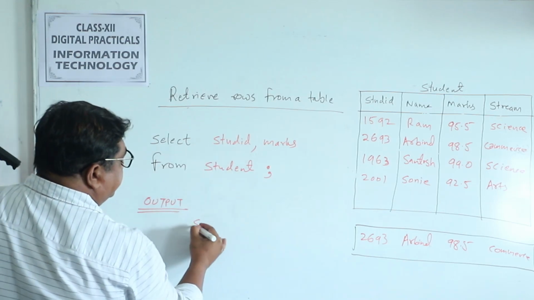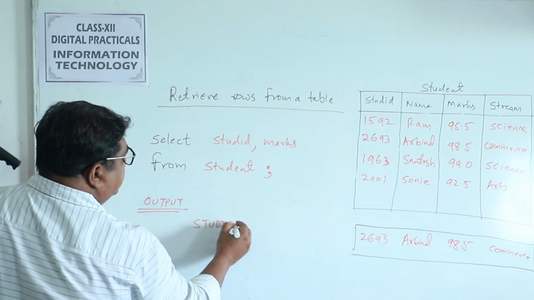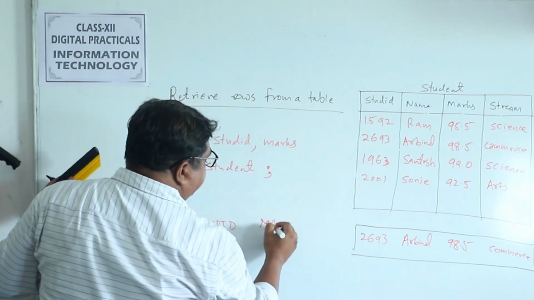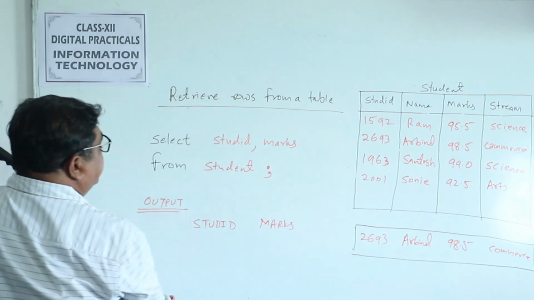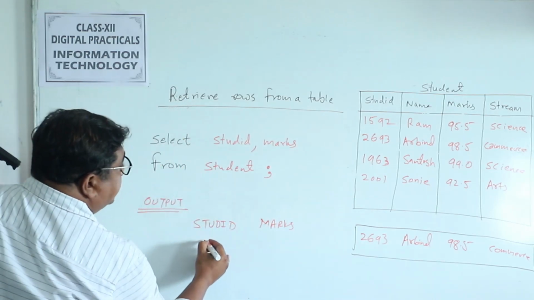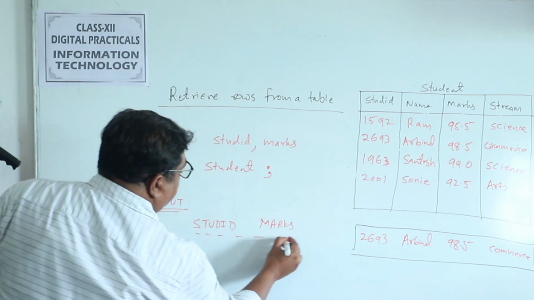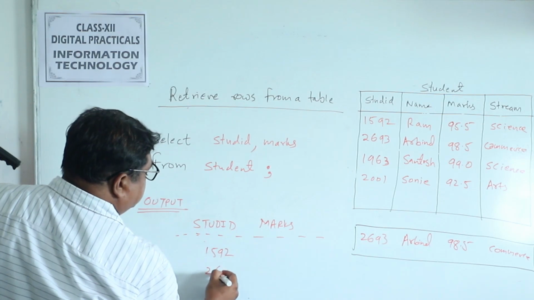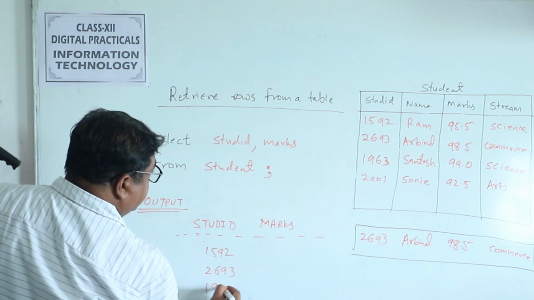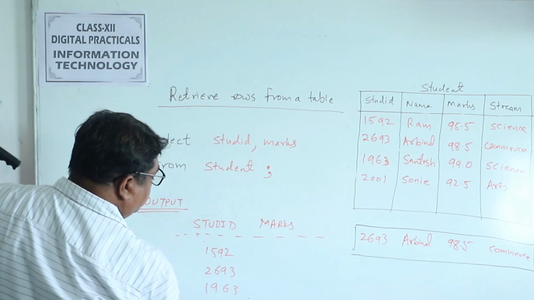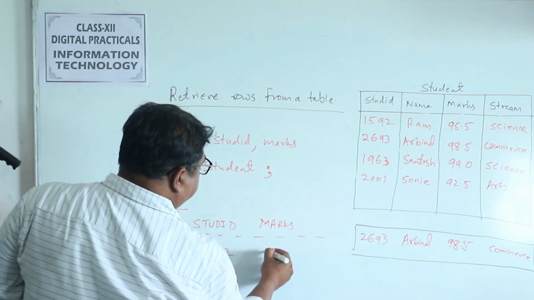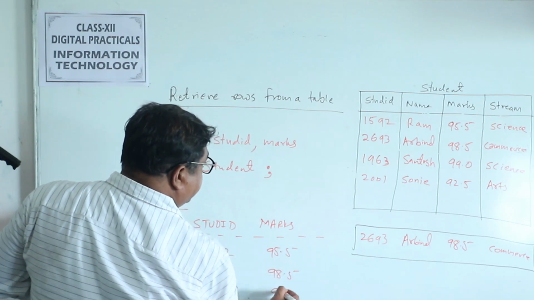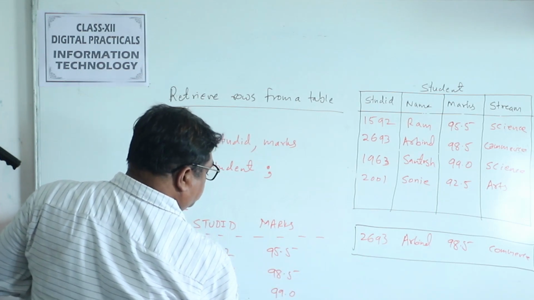The student ID values are 1592, 2693, 1963, 2001, and the marks associated with them are 95.5, 98.5, 99.0 and 92.5.